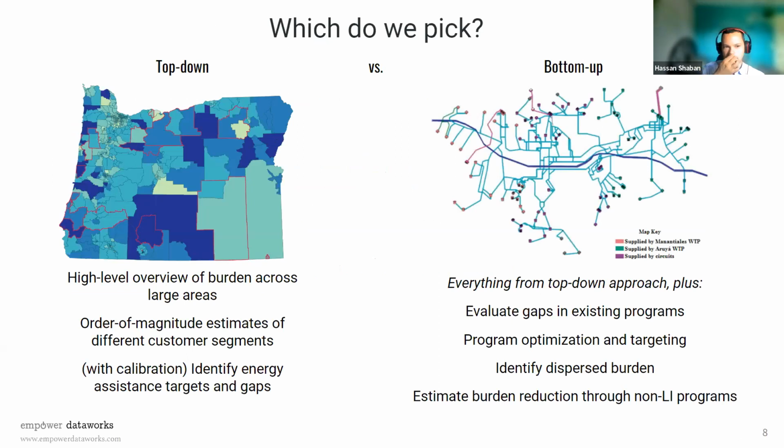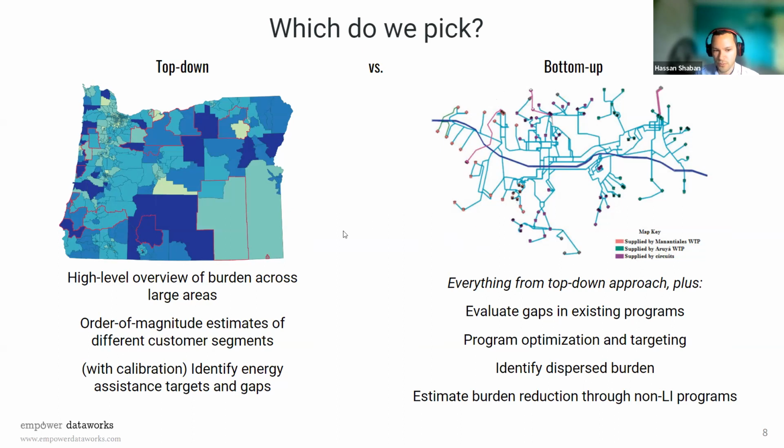So what do you pick? Do you do it top down, where you're looking at census tracts and census blocks, or do you go bottom up, which is getting as much customer level data as you can? The compromise you have to make, obviously, is that the bottom-up approach is very time intensive. It's a harder way to do things.